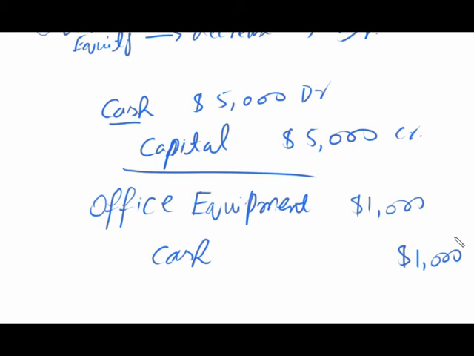In this entry, we buy office equipment, which will increase our asset. Office equipment is increasing, so we will debit the office equipment for the amount of 1,000. The cash is decreasing, so we will credit the cash account because it is decreasing. Cash is our asset account.